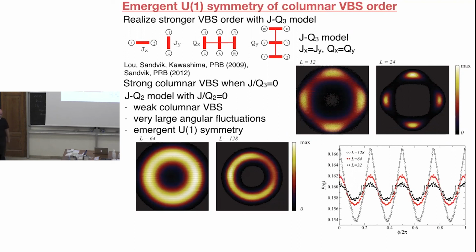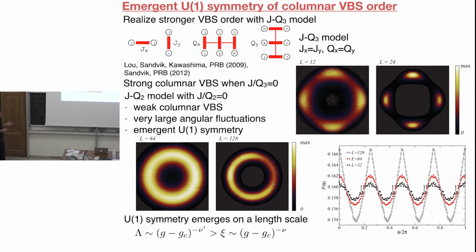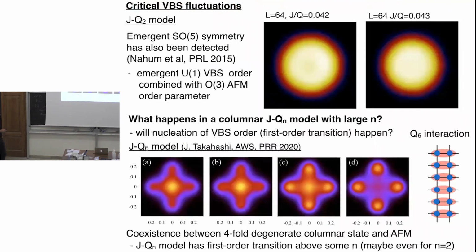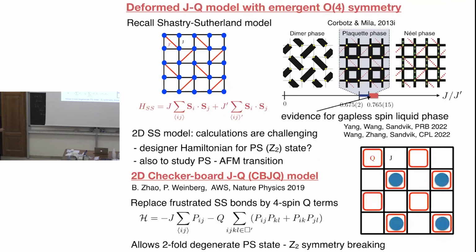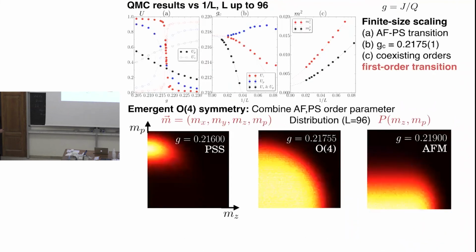So we don't know exactly what that exponent is, but one plan, of course, is to look at that, and then we need to have a model where we can, also in the Checkerboard JQ model or some deformation of it, actually start to see some violations of this, so that we can analyze it. But we have not been able to massage this model to give less emergent symmetry, only more emergent symmetry. Well, more in the sense that it also looks better on even smaller lattices. But that would be, of course, important to do.